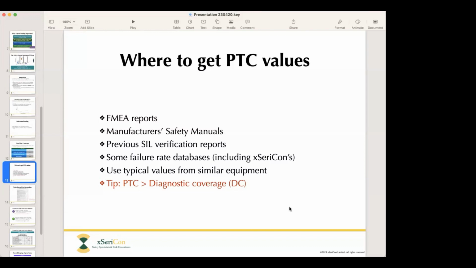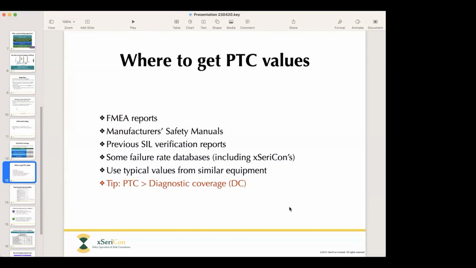Another place to look is in a previous SIL verification report. If you've got a report from a previous study that covers the equipment you're looking at, that should state what proof test coverage value was used, and hopefully with some justification for that value. So that would give you an idea of what value to use.